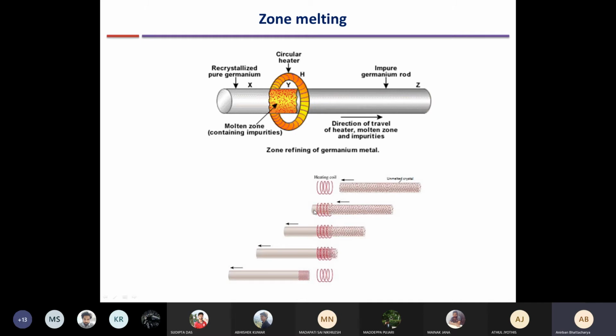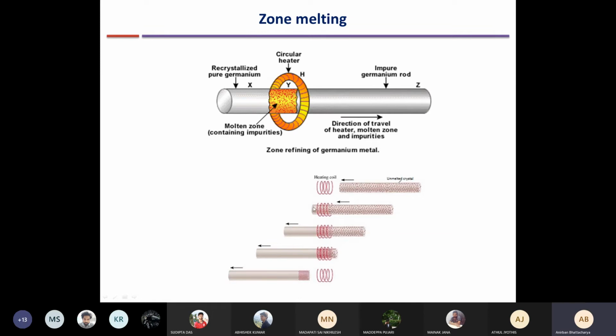Now, because we know that during solidification, the ratio of the concentration in the solid and in the liquid has to be in the ratio of the partition coefficient. Means if in the liquid the concentration is Cl, in the solid it has to be Kp times Cl. So the solid that forms has a much lower concentration of the impurities, because the partition coefficient is generally much less, of the order of 0.1 or even less.